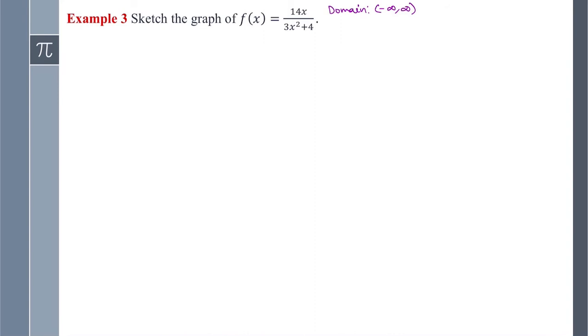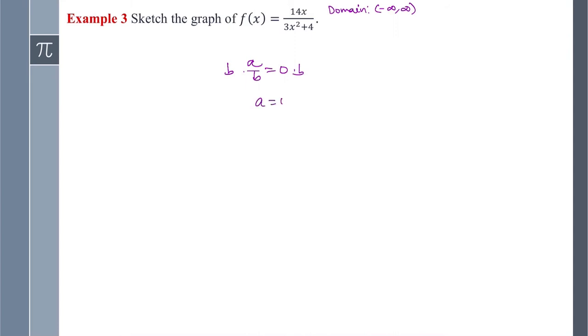To find the x-intercept, usually with a rational function, we factor and cancel out any common factor, and we set the function equal to 0 and find the x-intercept. Here we don't have any common factors. For example, if you have a over b equals 0, how we solve this equation is we multiply by the denominator on both sides.